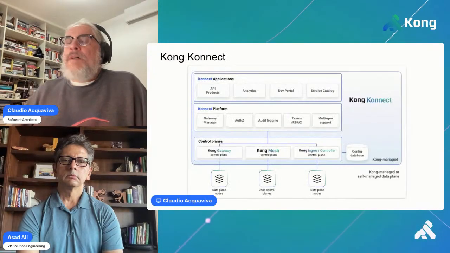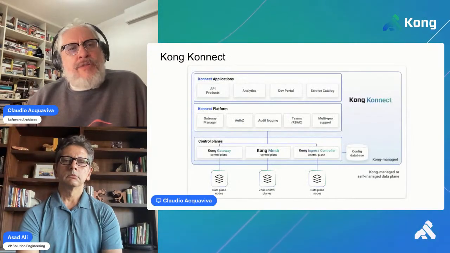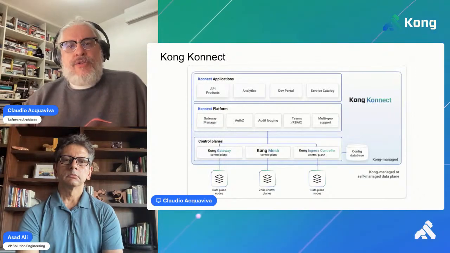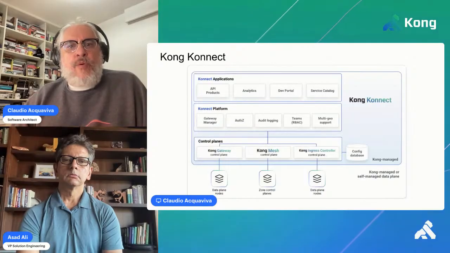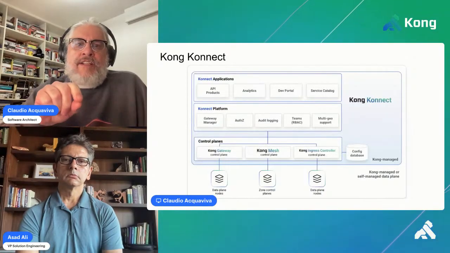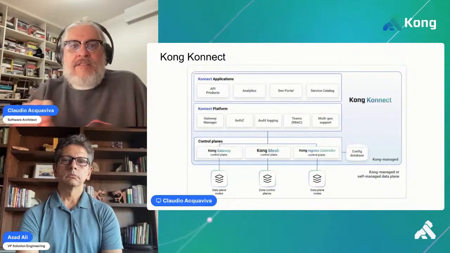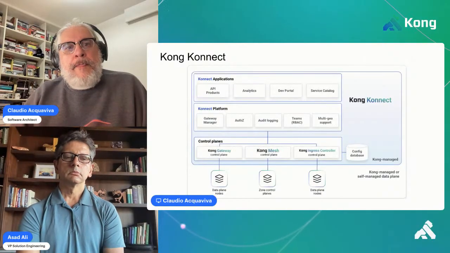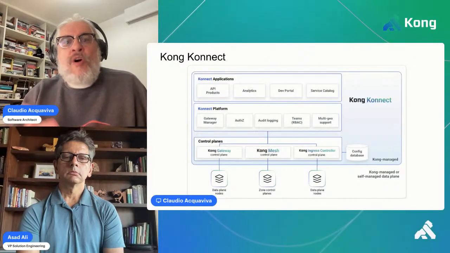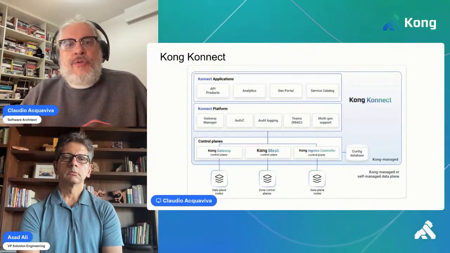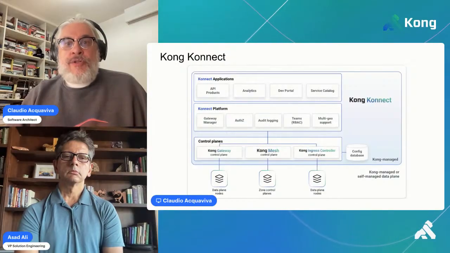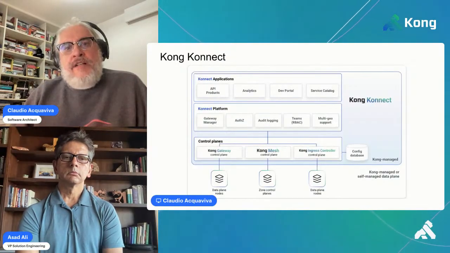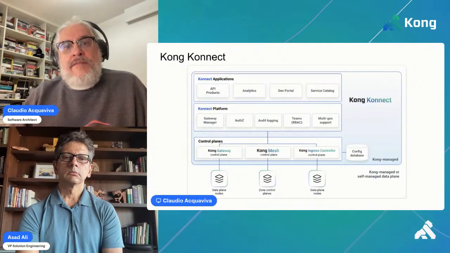In order to do it, I just wanted to talk a little bit about Connect. Connect is our flagship product. As you can see here, it comprises four main layers. Starting from the bottom, the control plane layer is responsible for spinning up all kinds of control planes in order to implement or to secure all kinds of services. For instance, the Kong gateway is the traditional API gateway control plane.